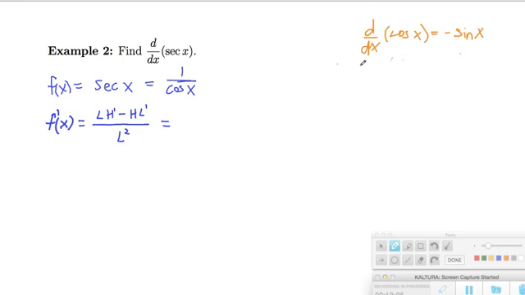And the derivative of a constant is just 0, so the derivative of the number 1 is just 0. So that'll be helpful to us as we're working here.